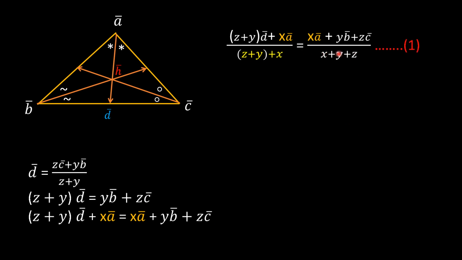Here the right hand side, x a bar plus y b bar plus z c bar upon x plus y plus z, is the position vector of the incenter I, which is this point, and we denote it by h bar.